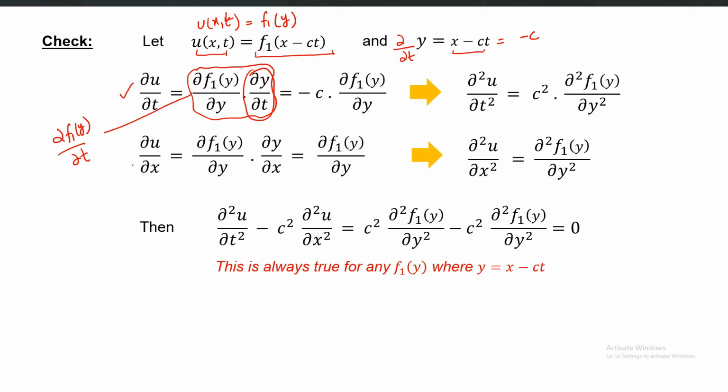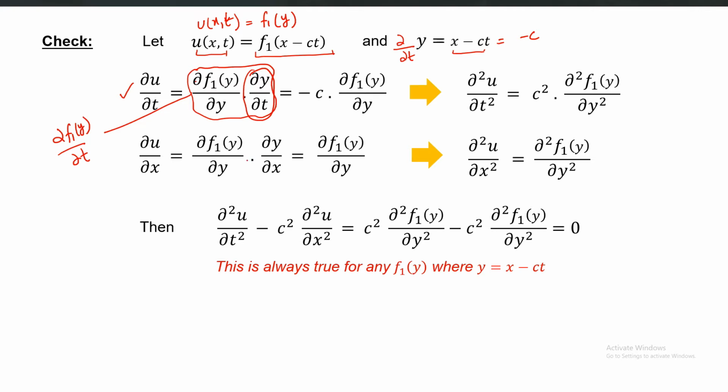Same thing we can do with partial over partial x also. For the same assumed solution, let's take partial over partial x, and this will become partial f1 of y over partial x, and for partial x we just expand that using the chain rule.